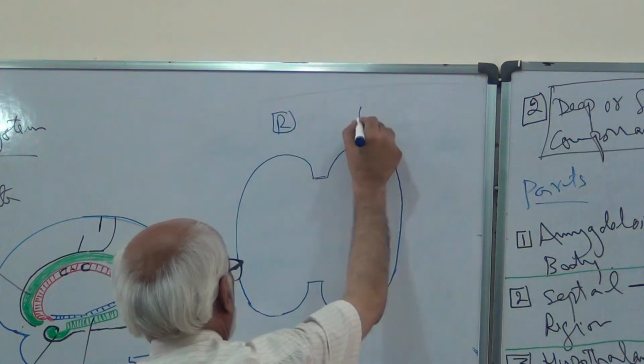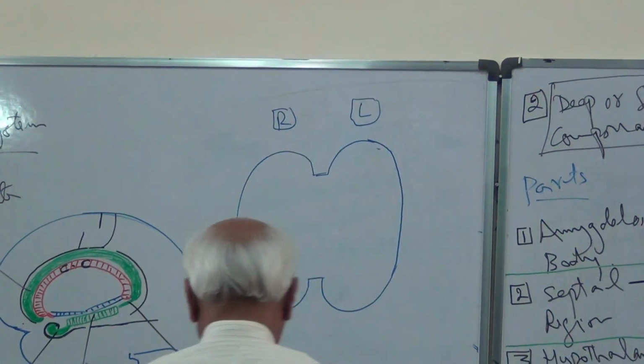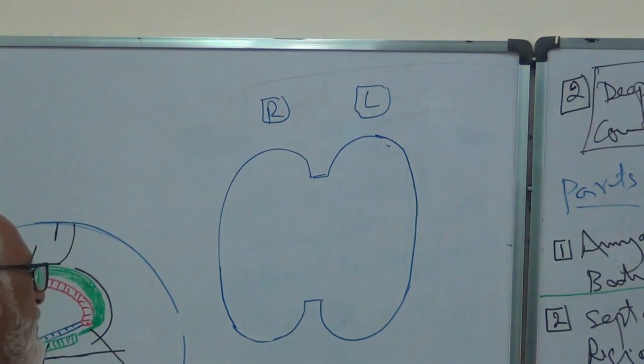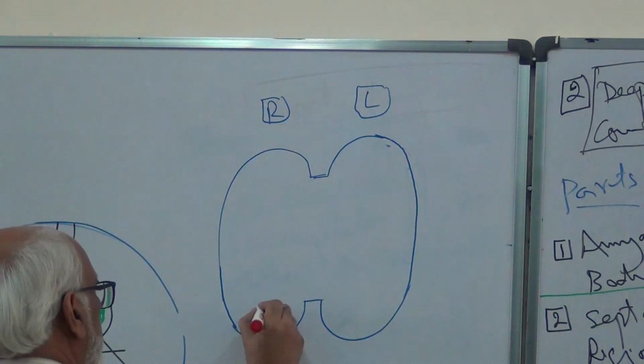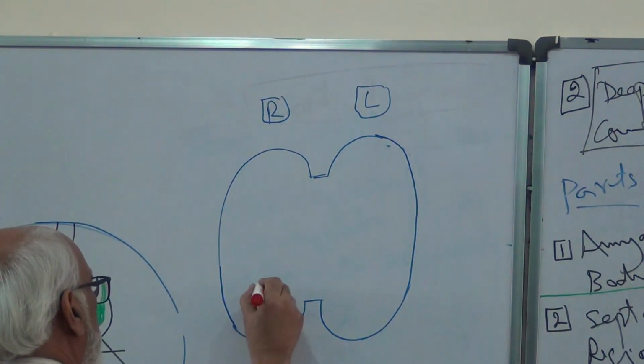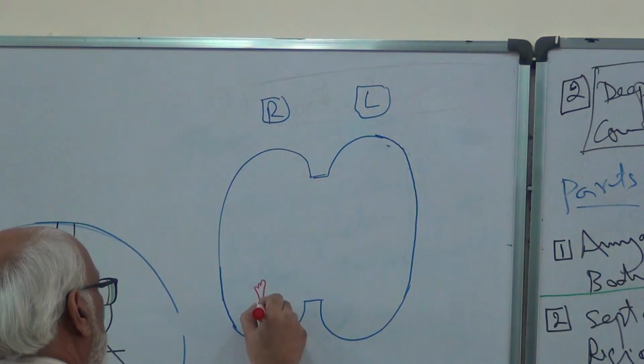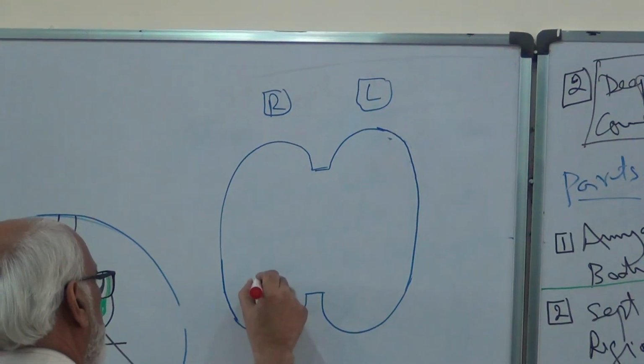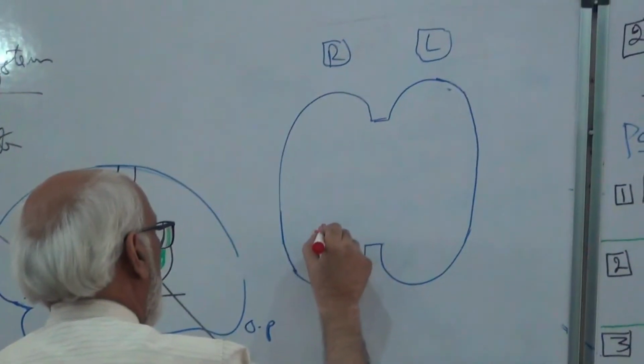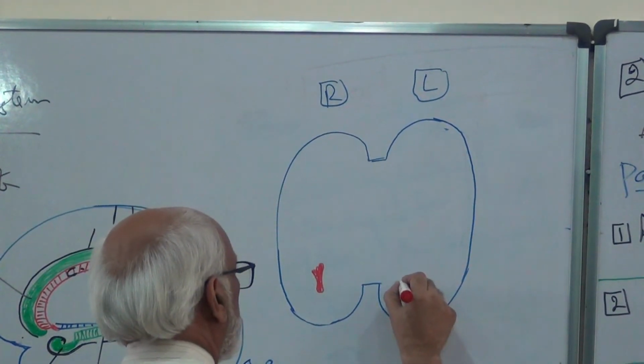Right cerebral hemisphere, left cerebral hemisphere. And I told you there are some structures inside. There is a foot-like mass of gray matter known as the hippocampus or pes hippocampus.